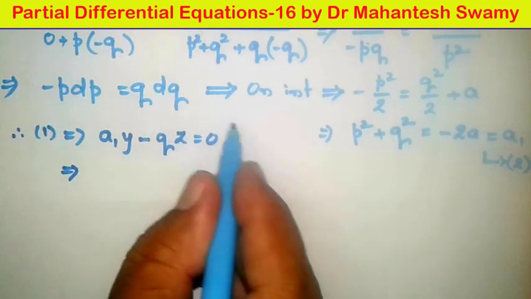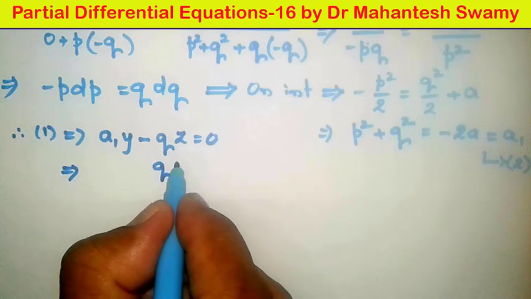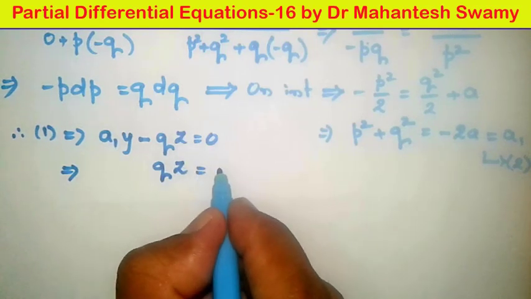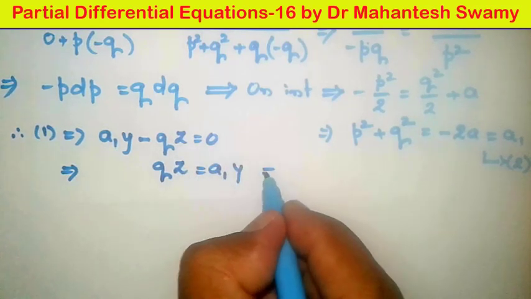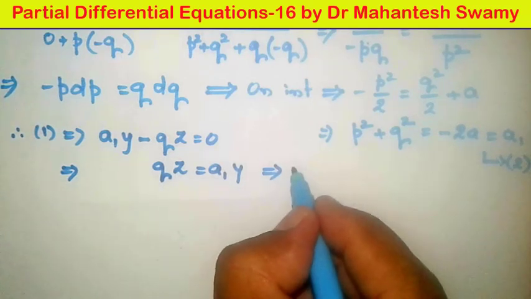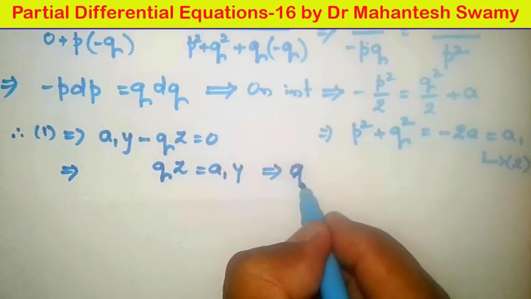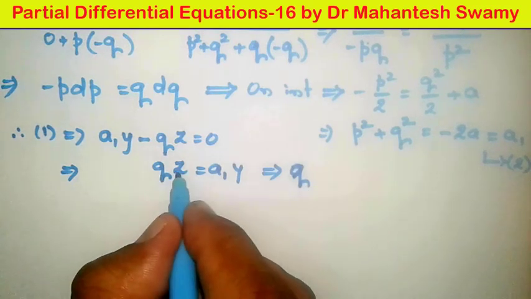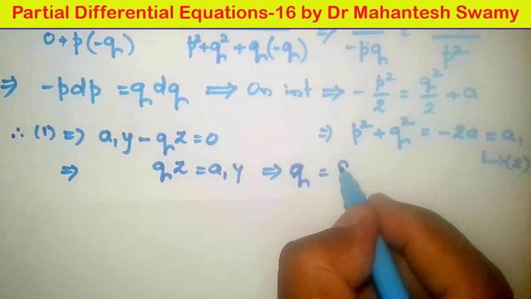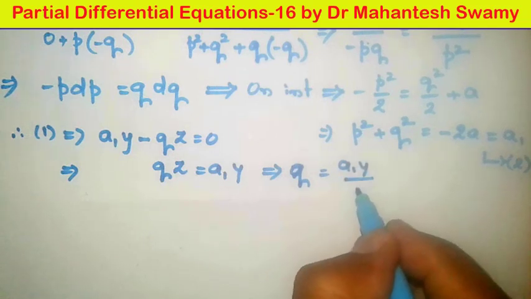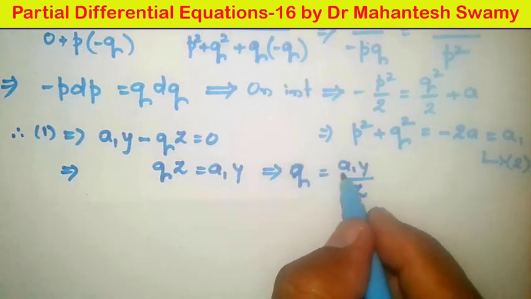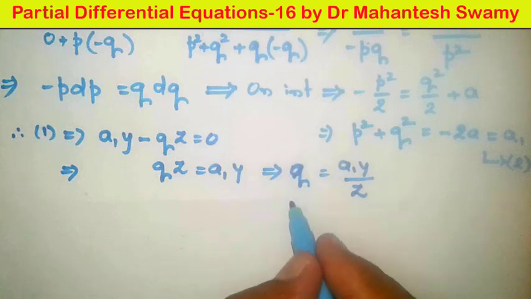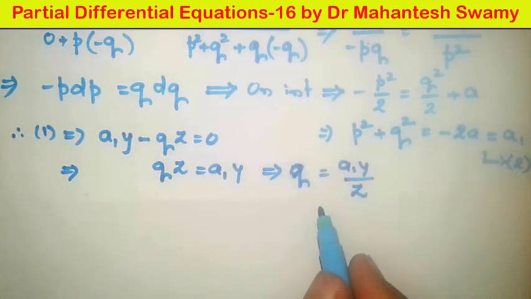Qz should be taken to the other side. It becomes plus qz, that is equal to a1y, and a1y divided by z will be the value of q. We are intended to find the value of p and q. The value of q is simply a1y divided by z. So the value of q we have obtained here. This is an important thing, and we shall substitute this value into equation number 2.